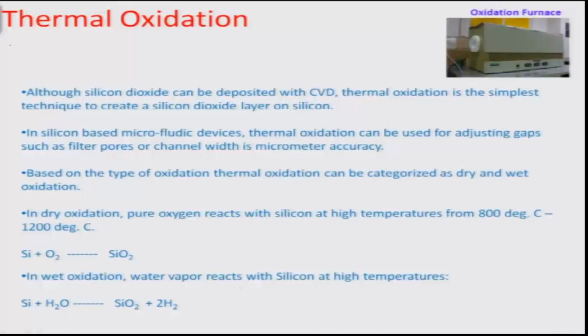The other process I would like to take you across is this thermal oxidation process, which is about generating an oxide given a silicon substrate by flowing oxygen, and there are two different conditions for which oxygen can be flowed. One is dry oxygen, another is moist oxygen.